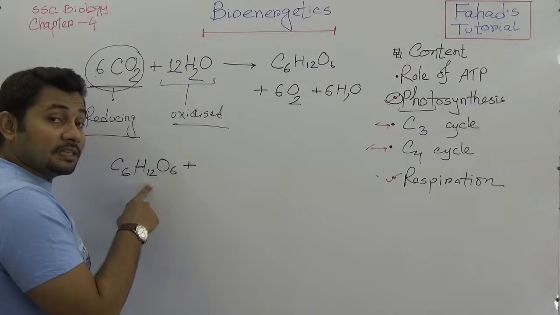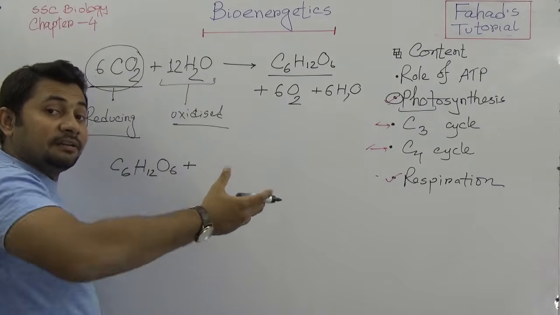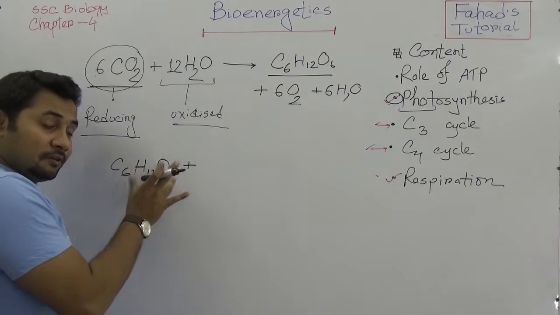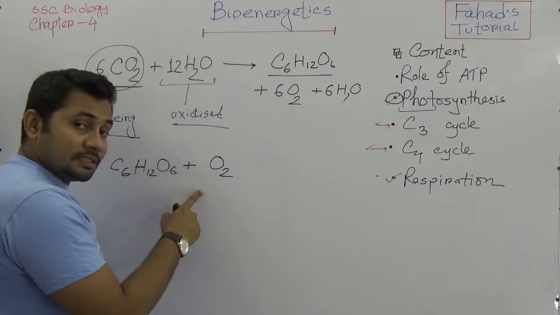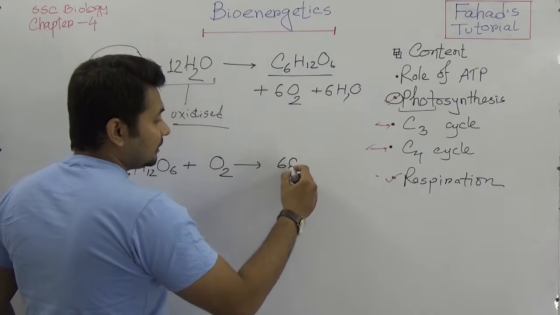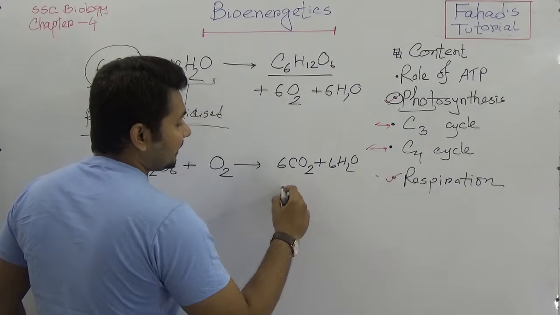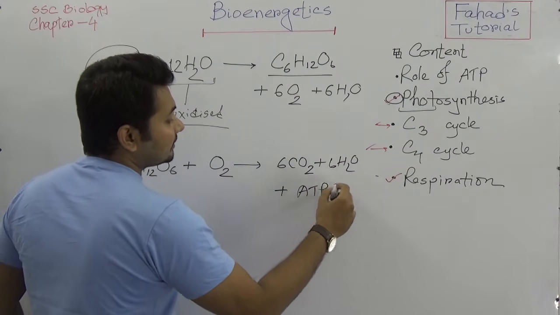C6H12O6 is the glucose that is produced by this process. And when a living organism consumes this glucose, it requires oxygen to oxidize glucose, and then it produces carbon dioxide, water, and energy.